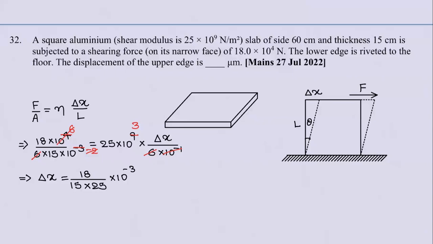So let me simplify this. 3 5s are 15, 3 6s are 18. So that is equal to 24 by 5 into 10 power minus 5, which is 48 into 10 power minus 6 meters. So this is micro. So my answer is 48.